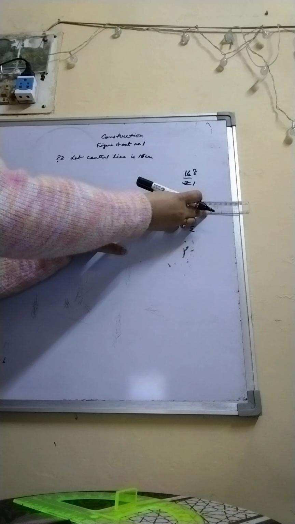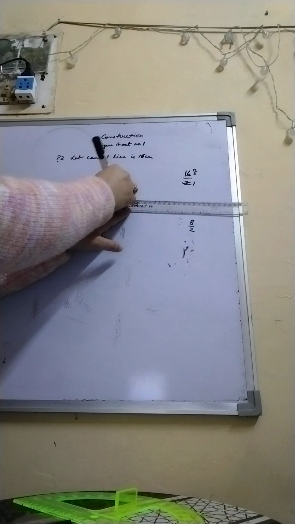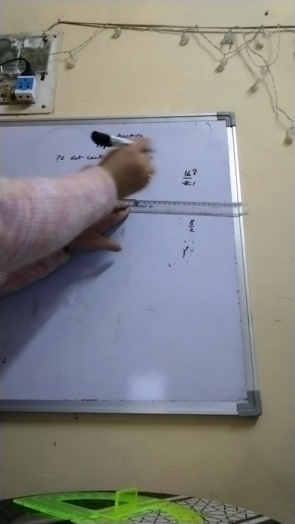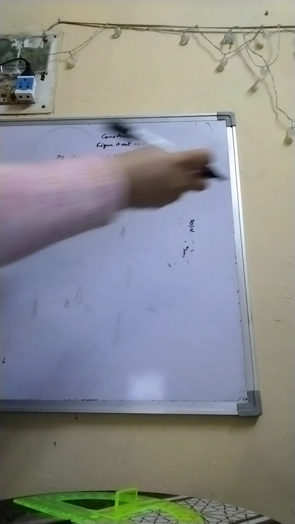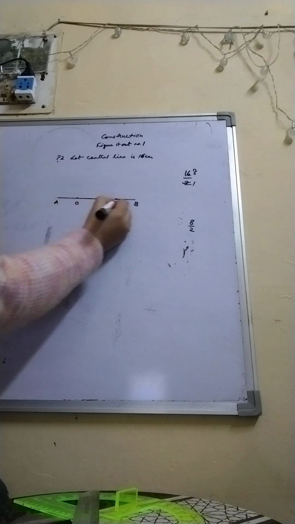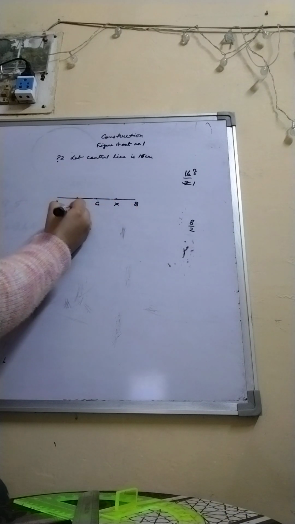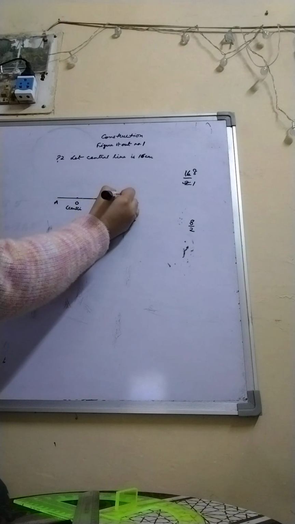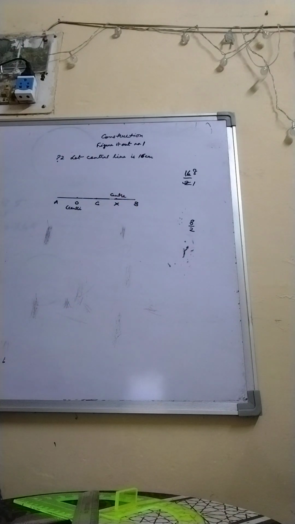Here again it is 8 centimeter, so we will get 4 centimeter at this. So we mark these points O, X, and this is the center. This is also the center. So this is the first step that you have to do.